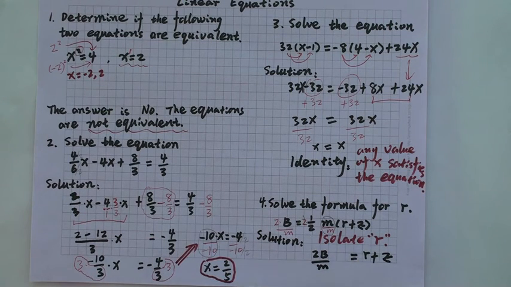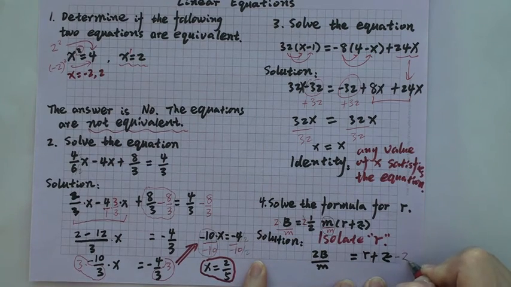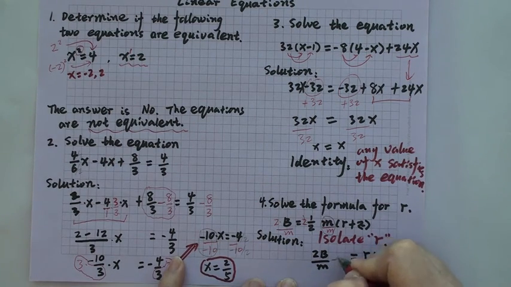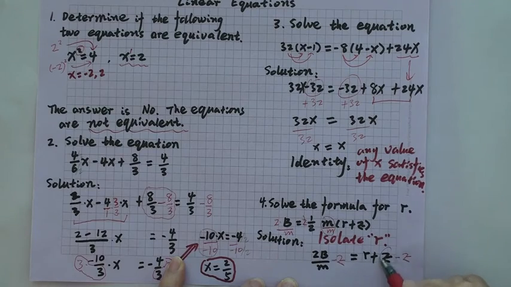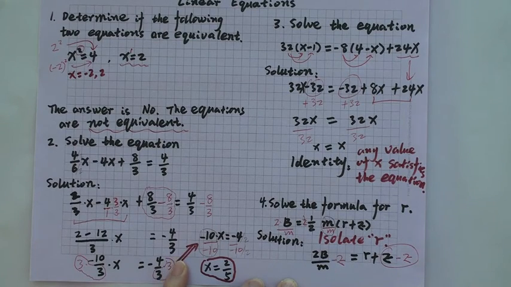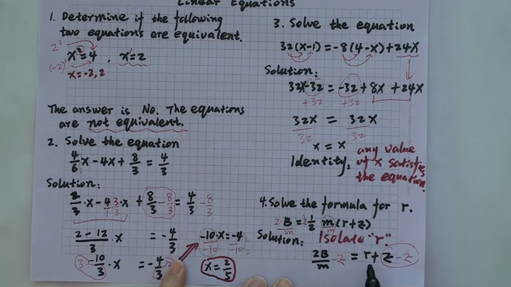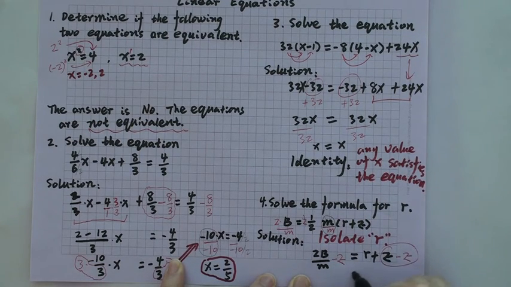You want to isolate r, so subtract z from both sides. Then these two cancel, and the right-hand side is just r.